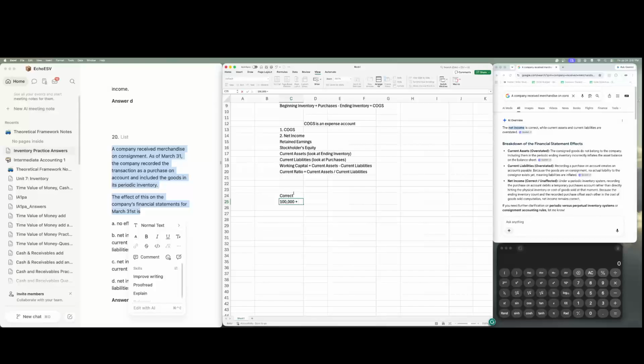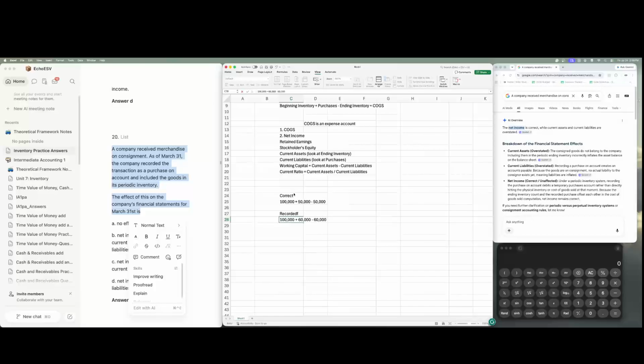They just sell it for a third party. So let's say this is what it should have been, but instead they recorded the transaction, let's say 60,000, and then included that in the periodic system as well. So the ending inventory is going to be incorrect as well.